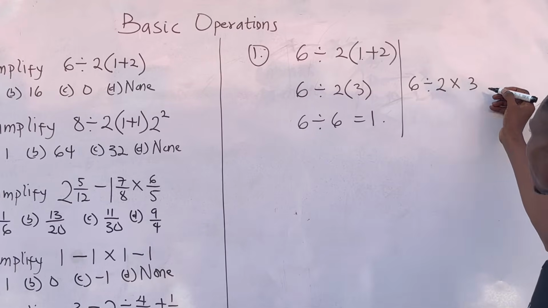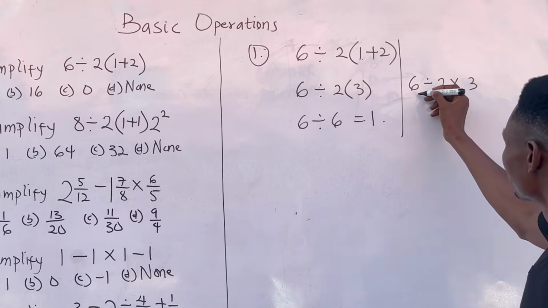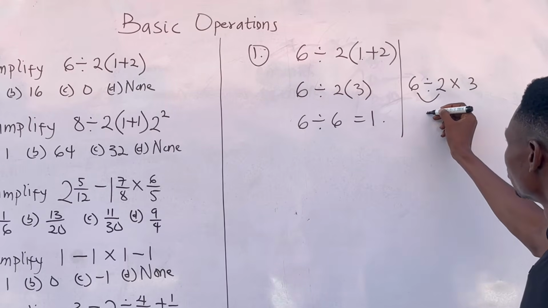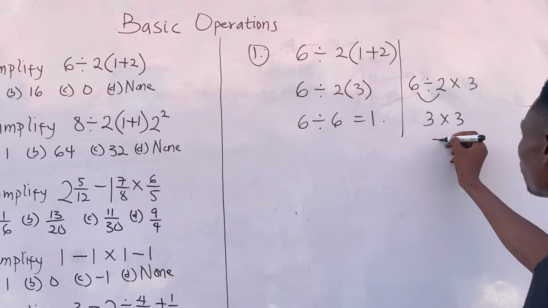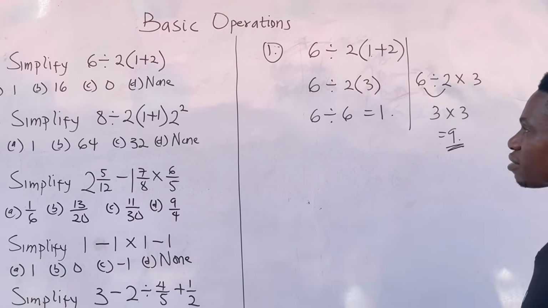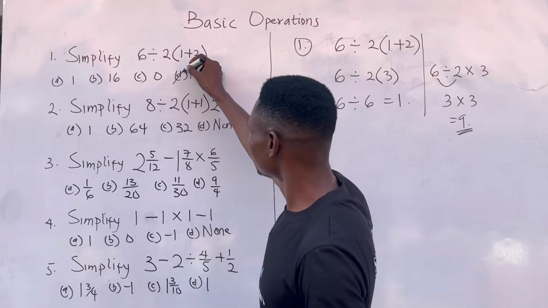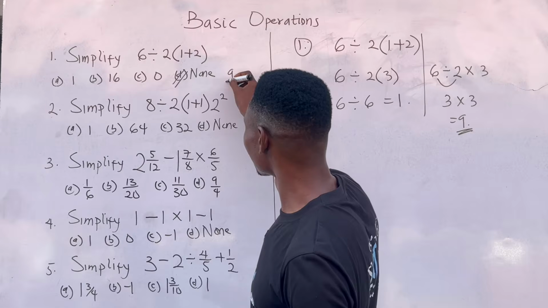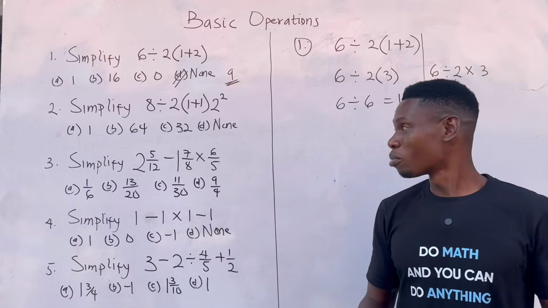Left to right when you have division and multiplication because they have the same degree. So let's divide first. 6 divided by 2 is 3. And now this 3 multiplied by this 3, we get 9. So our answer is none of the above because the real answer is 9. Okay, so that's number 1.